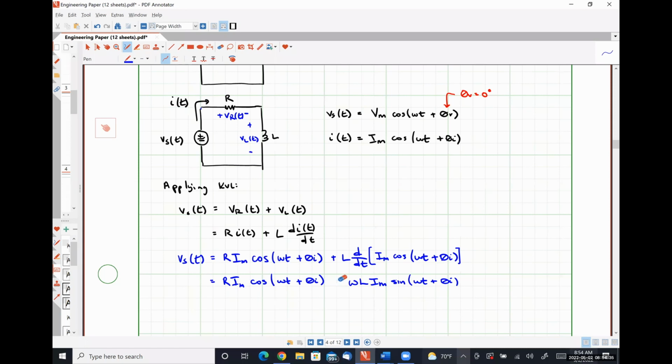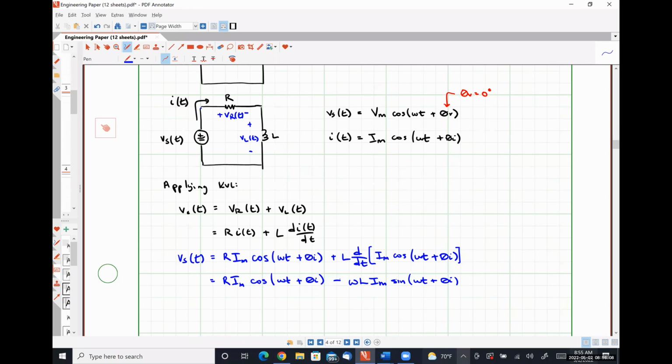And just to be clear here, the derivative of cosine is negative sine, right? All right, so I'm going to change that positive sign I had to negative to account for the fact that when I do the derivative, I should get a negative sign there. So what I have here is an expression that is effectively the sum of two sinusoids.